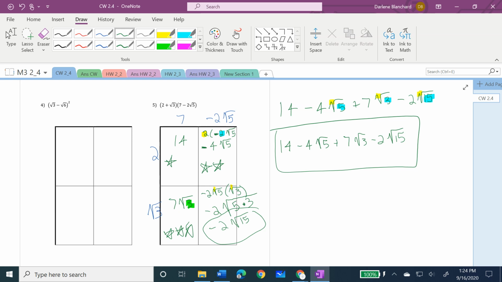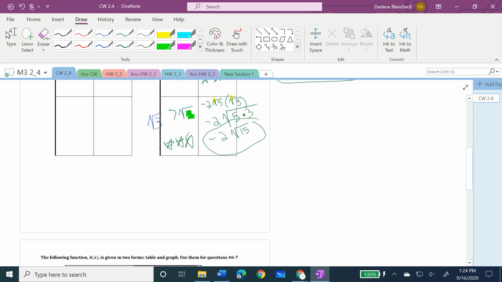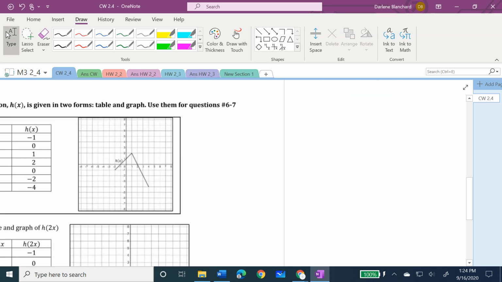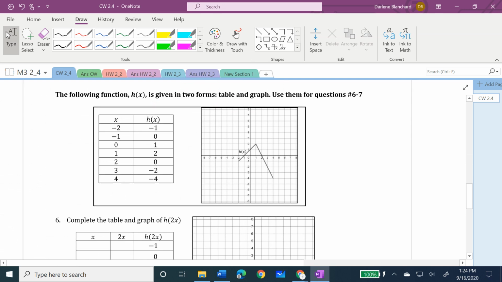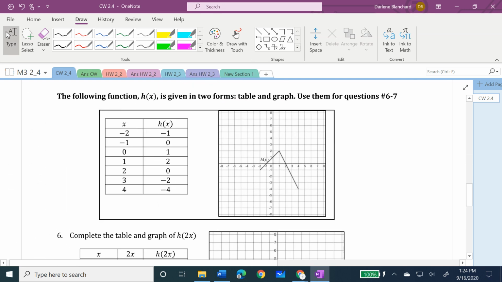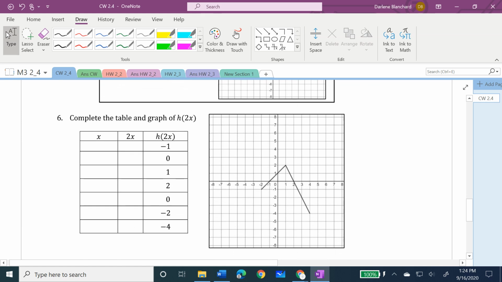Now I'm going to move on to the next topic. And this is very, very, very important. We're given the function h of x. It's being given to you as a table and as a graph, and you are going to be filling in this table and graph.